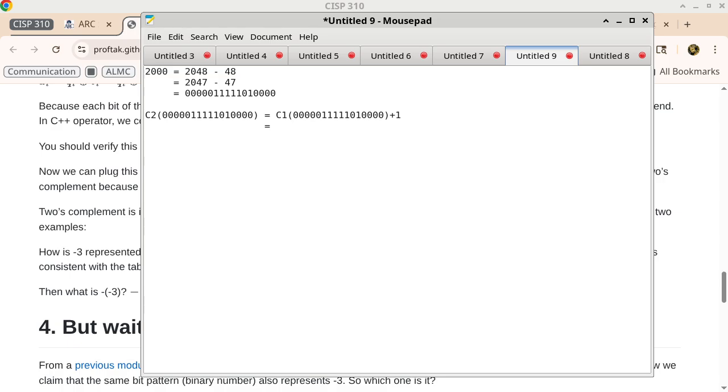One's complement is also known as bitwise not. It flips all the zeros to ones and all the ones to zeros, per digit. So we look at each position and this becomes 1, 1, 1, 1, 1, 0, 0, 0, 0, 0, 1, 0, 1, 1, 1, 1. And just add 1 to it.